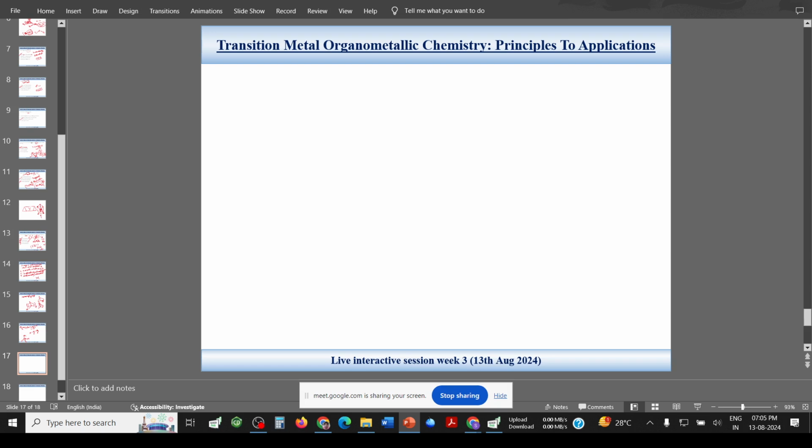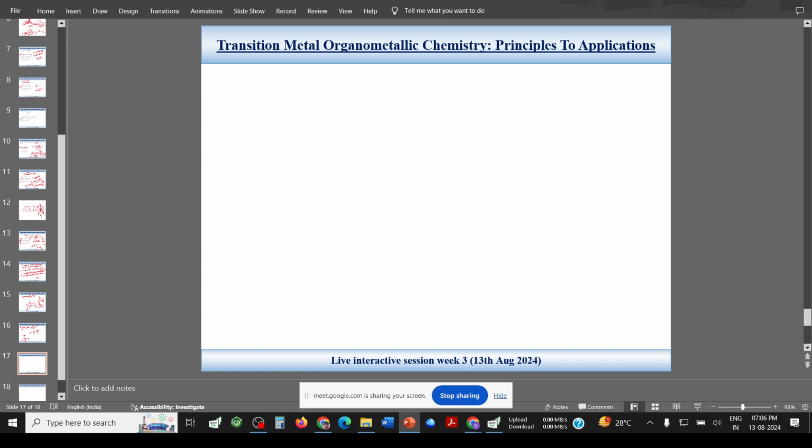For that we use these sigma alkyl complexes as catalysts to activate the CH bond and convert natural petroleum hydrocarbon to different value added products.